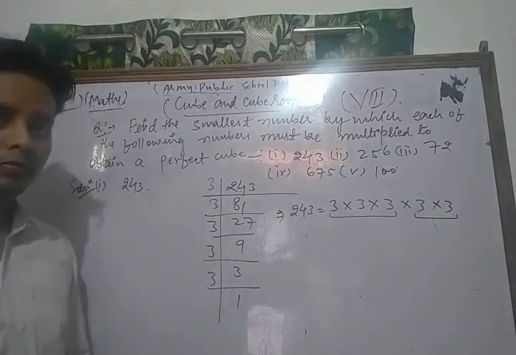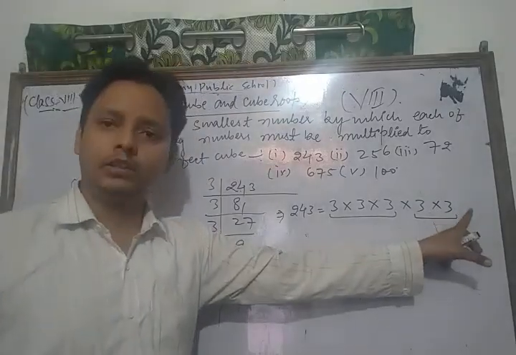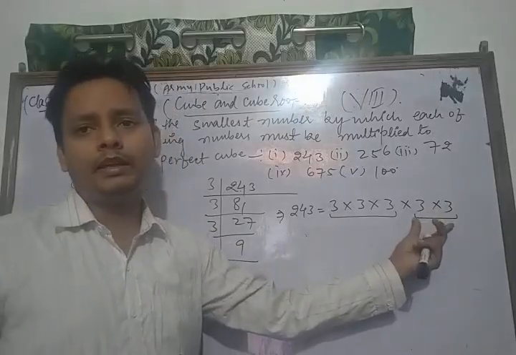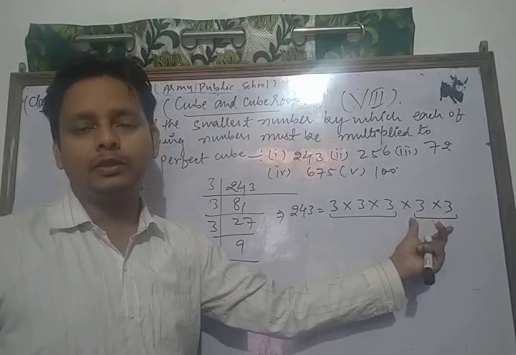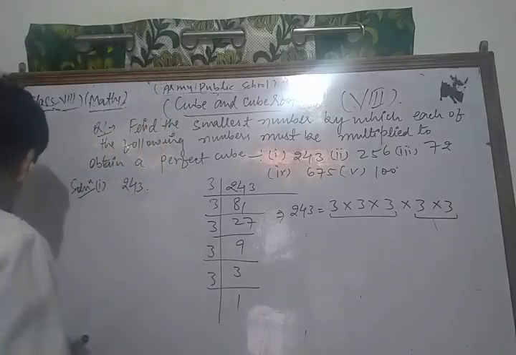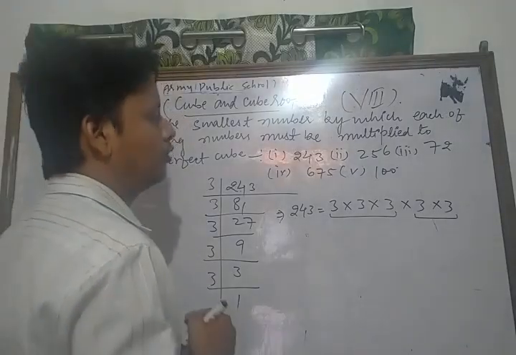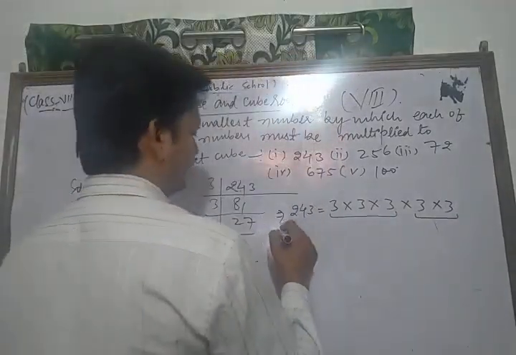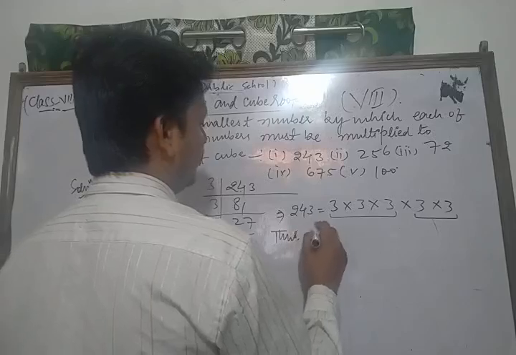So here we require one more 3 for grouping all the factors in triplets of equal factors. So we must multiply by 3.